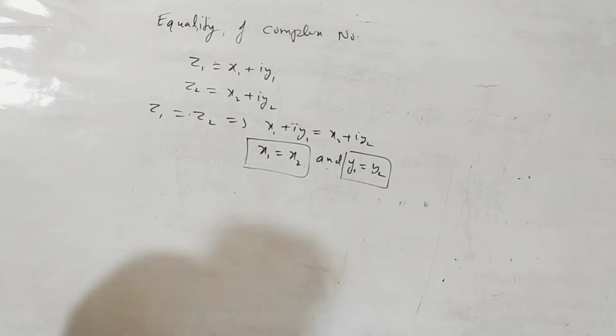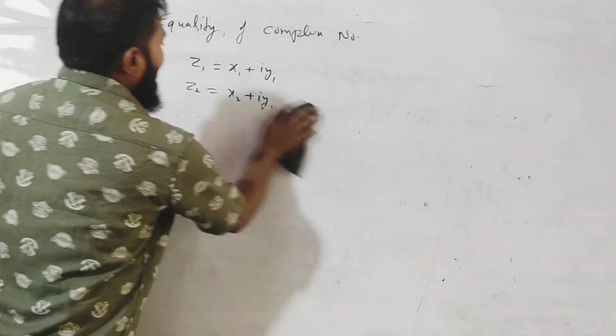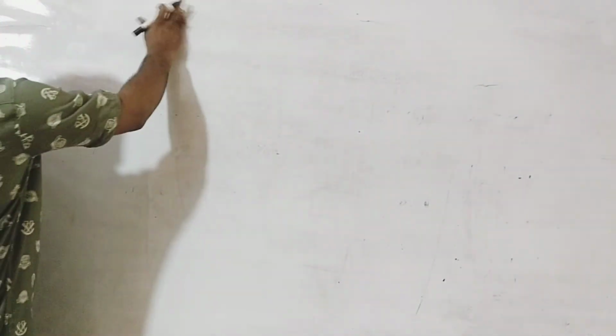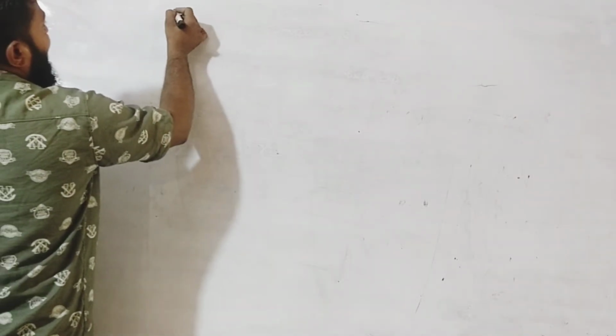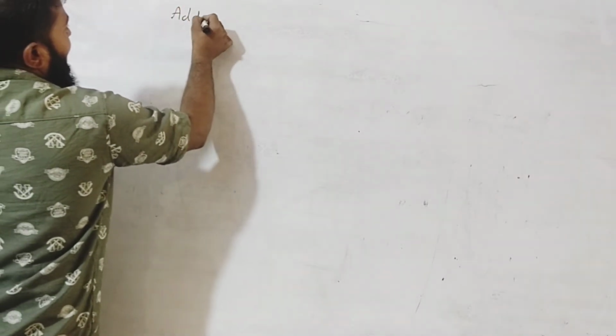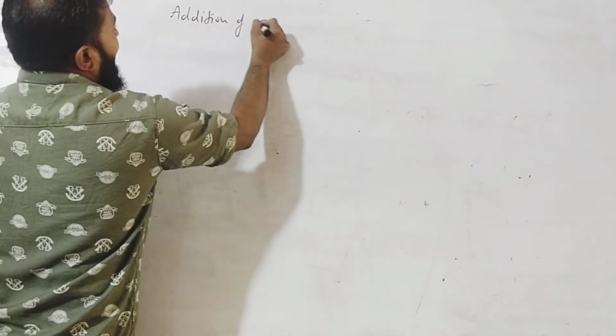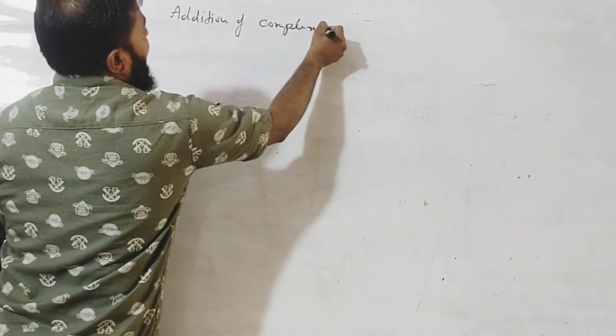Next, algebra of complex numbers, like addition, subtraction, multiplication and division. How will we calculate the addition and subtraction of complex numbers, and the multiplication and division of complex numbers? Here we study addition and subtraction. First of all, addition of complex numbers.